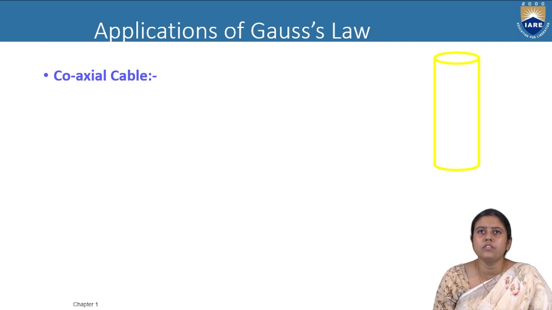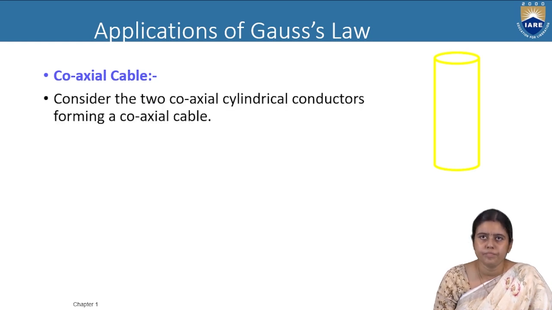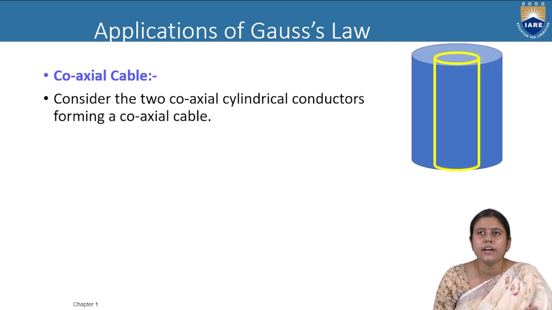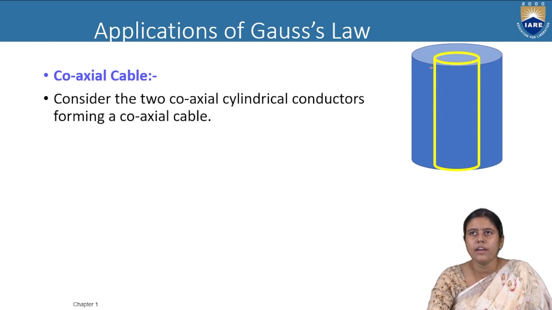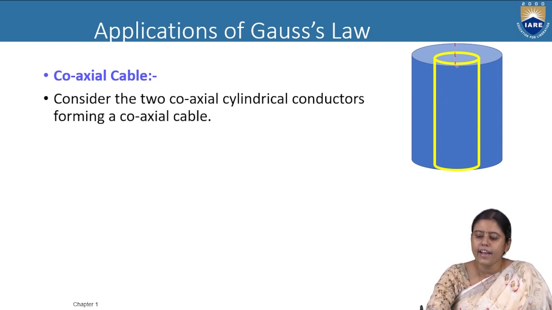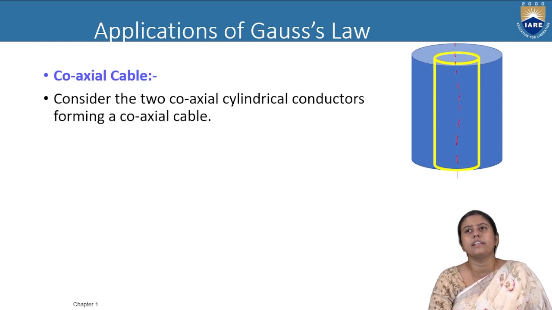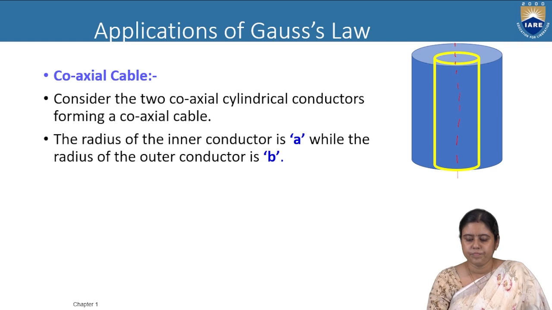Coaxial cable means this is also a cylinder, and two coaxial cylinders form one coaxial cable, like this. This is one cylinder, the yellow one is a cylinder, and their axis is the same. That's why they are known as the coaxial cable.